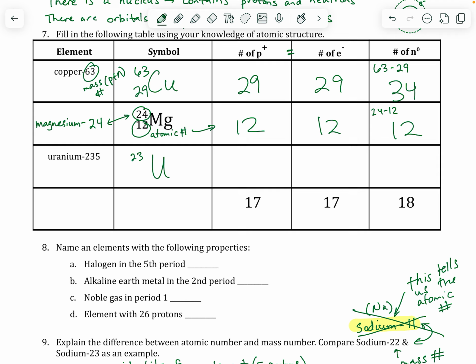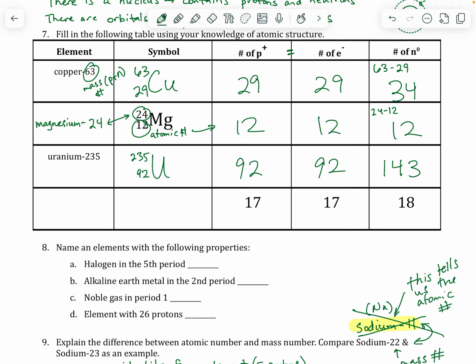So this is just the 235 isotope for uranium there. Uranium itself is 92 as an atomic number, which means there are 92 protons and there should be 92 electrons. And then I take the mass number, 235, minus our 92 protons, and we end up with about 143 neutrons inside that nucleus.